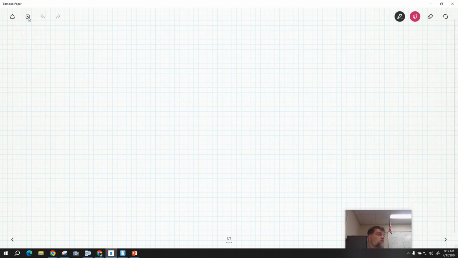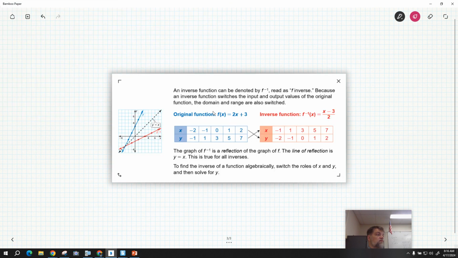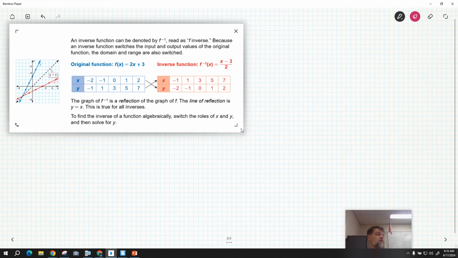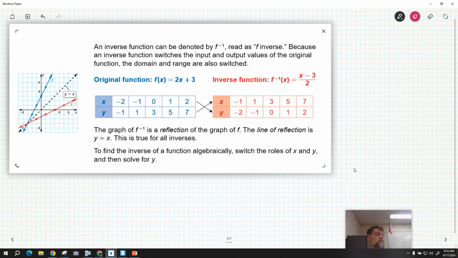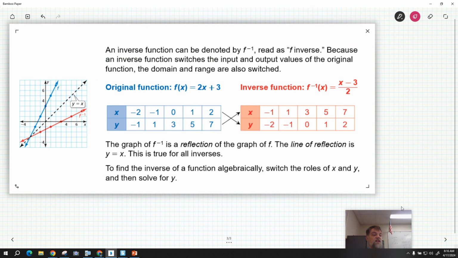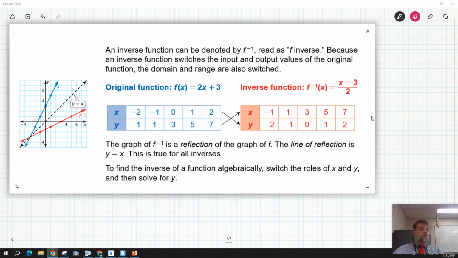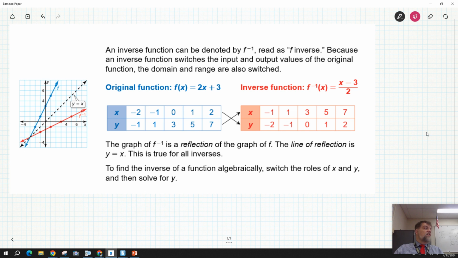Oops, wrong one. So the last thing that we need to do, and then this is it for the day, and I'll explain what all this means, is understand the relationship.